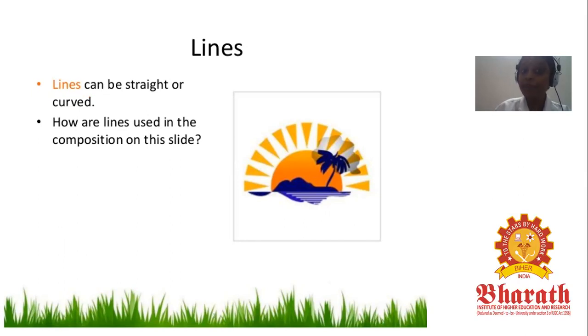When you make any objects, you can definitely use lines. There are different types of lines: horizontal lines, vertical lines, diagonal lines, zigzag lines. So many varieties of lines they are using in many other objects.